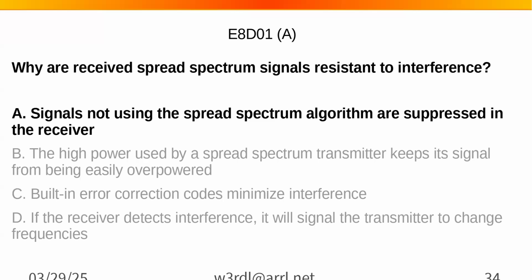So you send it, and then the next time you're on a different channel, but you're sending that same sequence that's known only to you and the other end. That's why even if somebody is on the same frequency at the same time, they don't have the same sequence that they're transmitting.